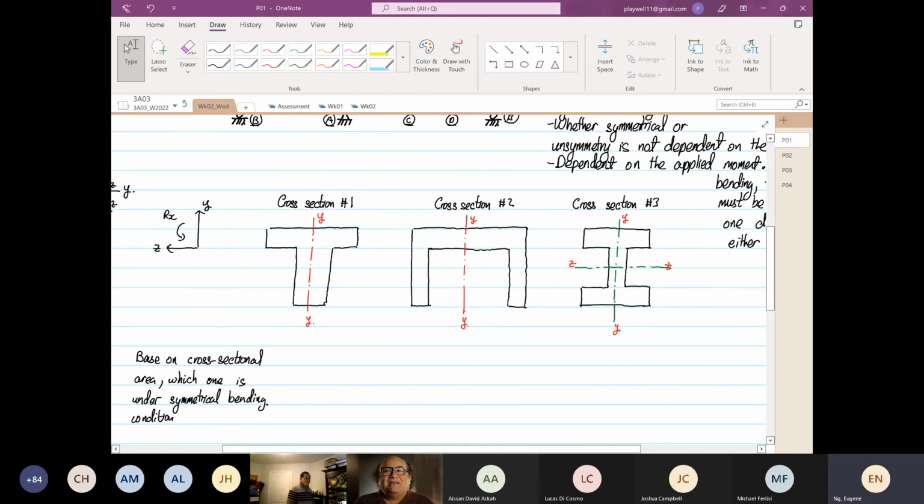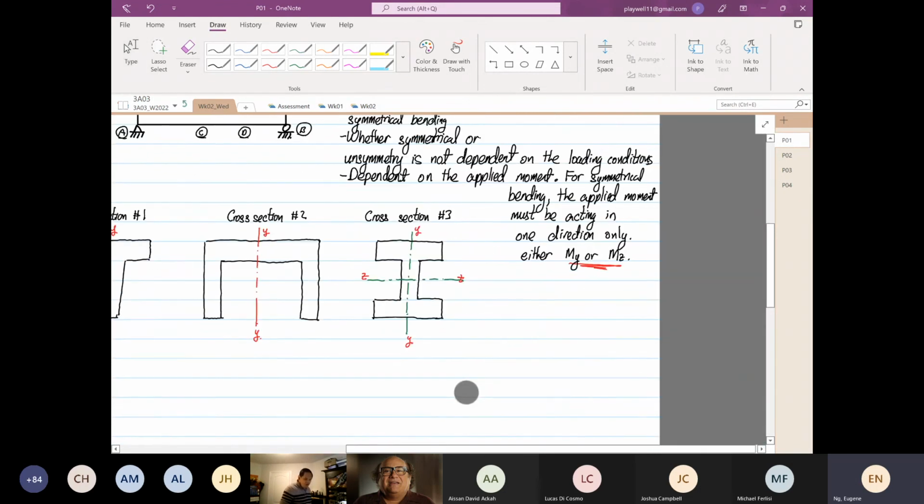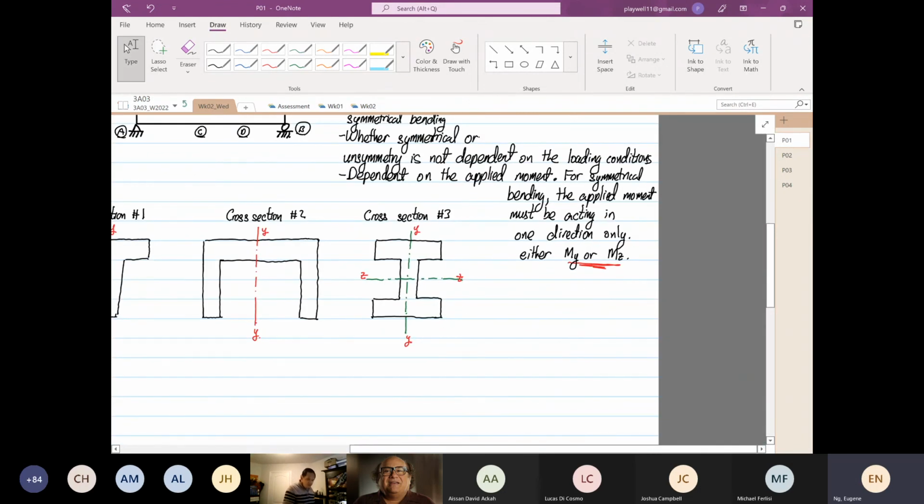Okay, a lot of people seem to be reacting a lot to cross-sectional area 3. Will it depend on the direction of the moment? Jihan, that is the question. Jihan, as long as the moment is applied in my or mz, it cannot be both. So if it's just my, it's symmetrical bending. If it's mz, it's symmetrical bending.